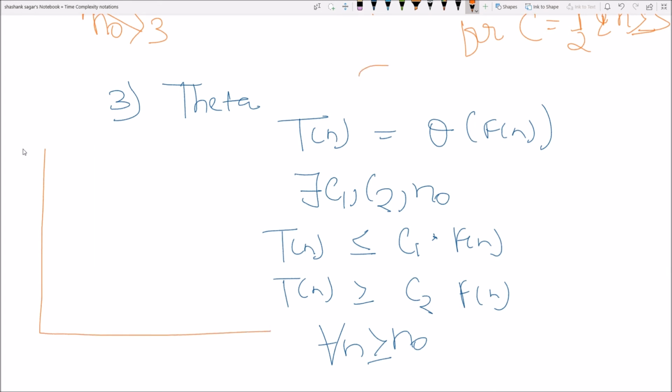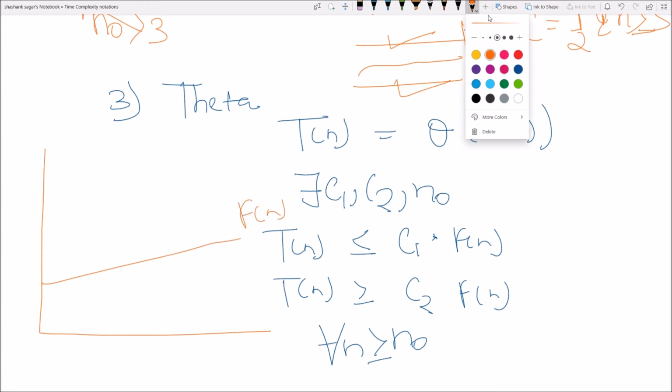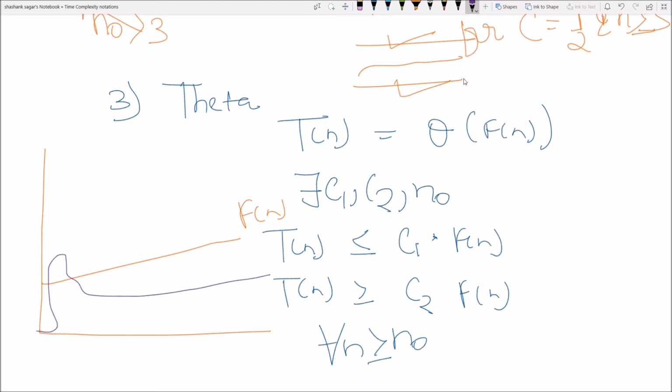It means basically, suppose this is my function, it will bound it from above and below. So suppose this is your f of n, this is your T of n, and this is twice of f of n.